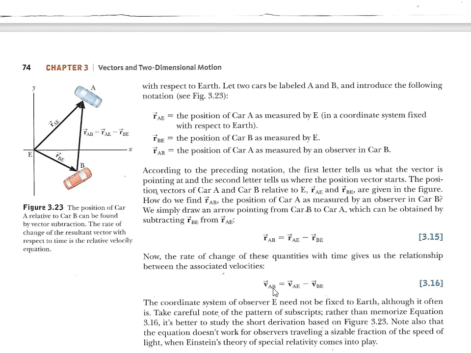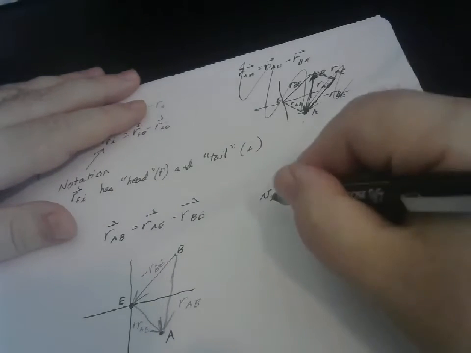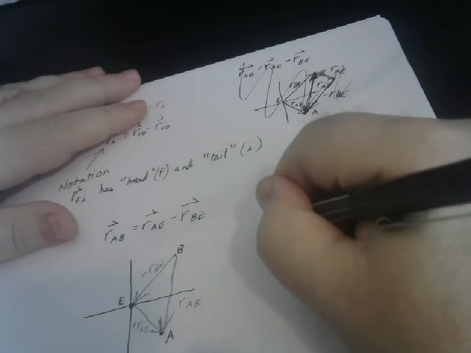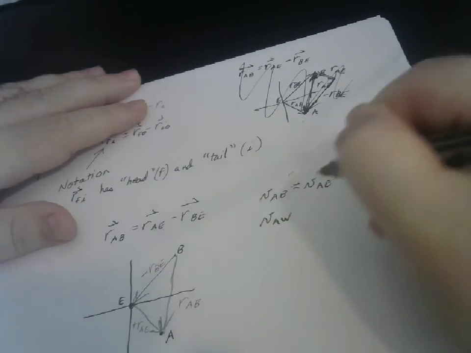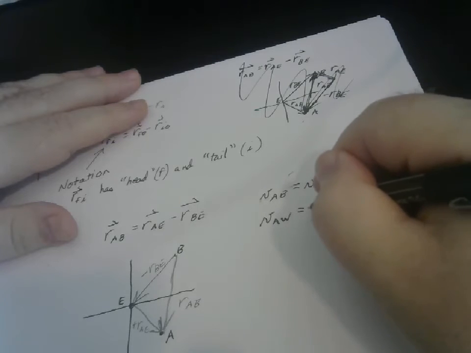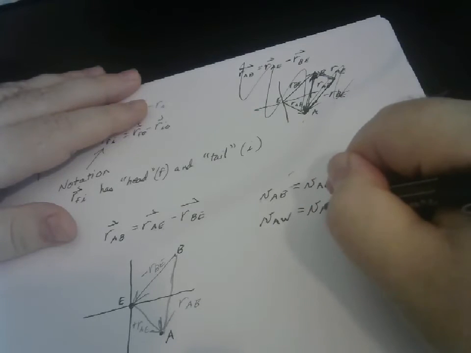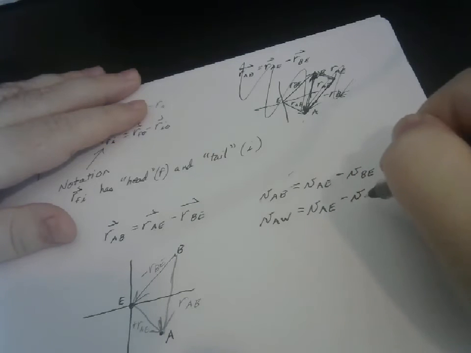Maybe the A stands for the air. Actually, let's not use A as the air. Let's use A as the airplane and change B to W for wind. And then we'll have V sub AE minus velocity of the wind with respect to the Earth.